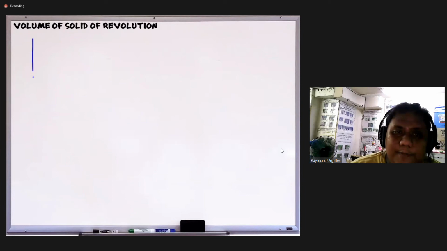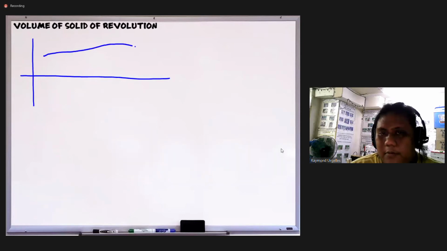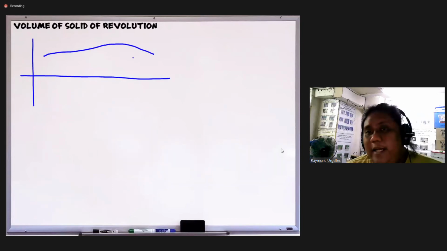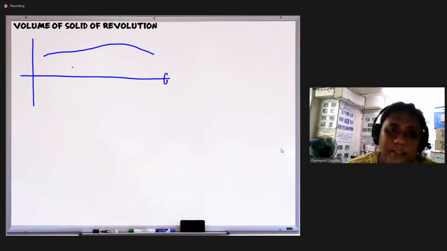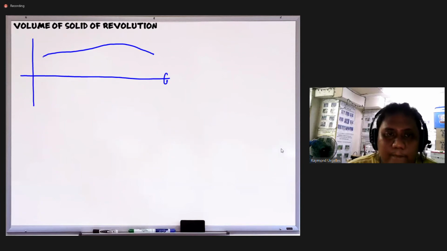So for example, let's say we have this curve, and gusto natin siyang i-revolve about this axis, diba? So then you will see na pag ginawa natin yan, you will form something like this.